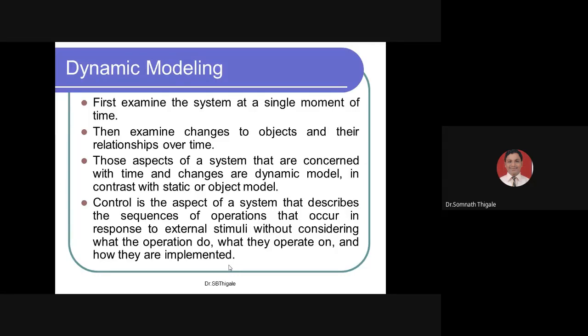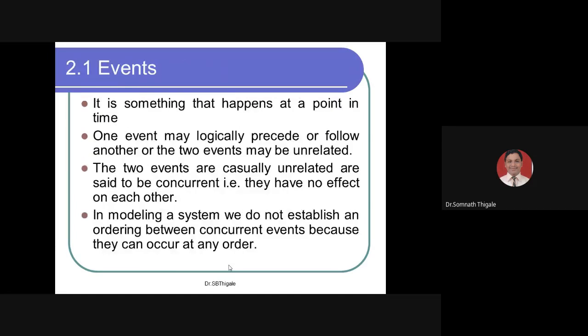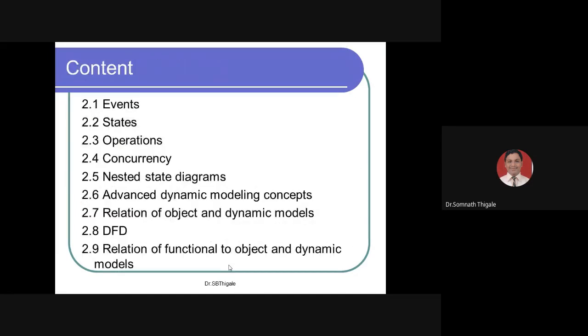To represent the dynamic model, we need to take into consideration various concepts: what is an event, the concept of state, then operations, then concurrency, then state diagrams, which we represent in a simple diagram called a state diagram. After the state diagram, we can represent nested state diagrams.